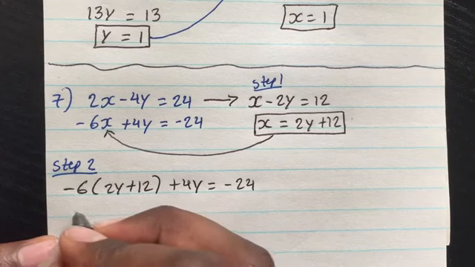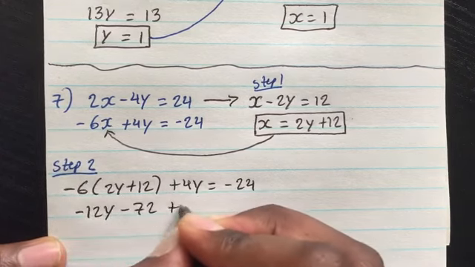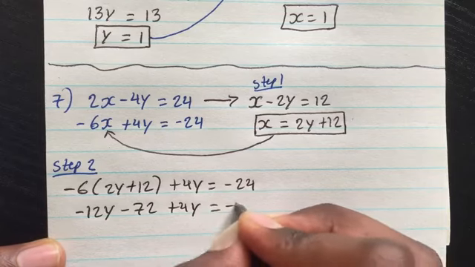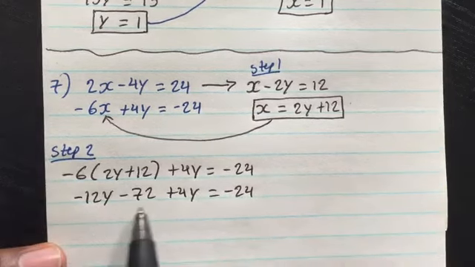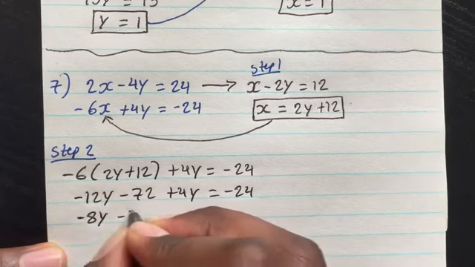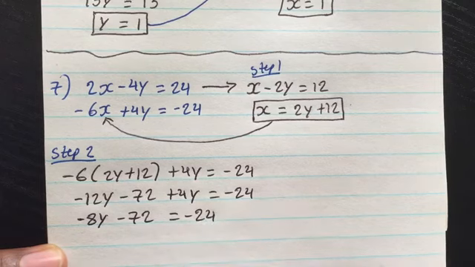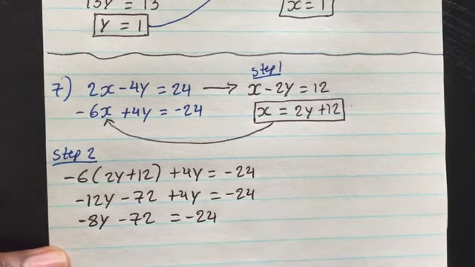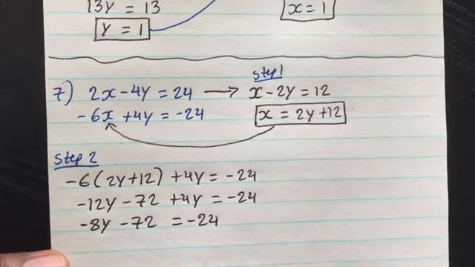Distribute. And then you want to combine the like terms. Negative 12y plus 4y is a negative 8y, minus 72 equals negative 24. The next step would be to add the 72 to both sides.